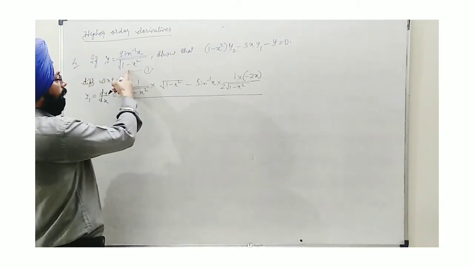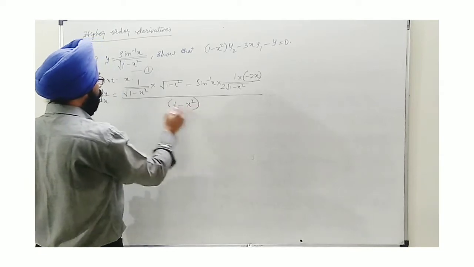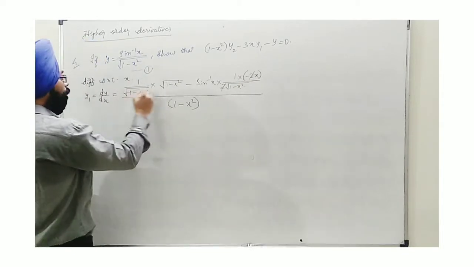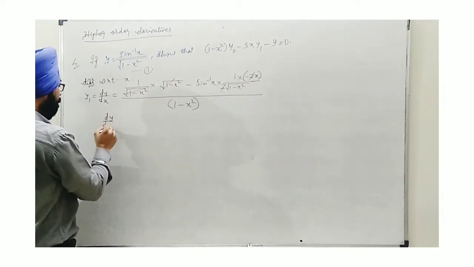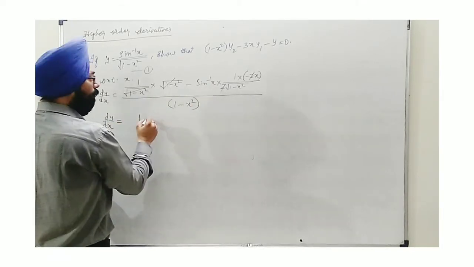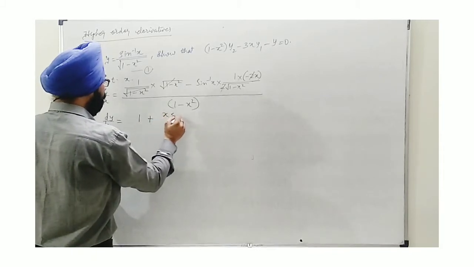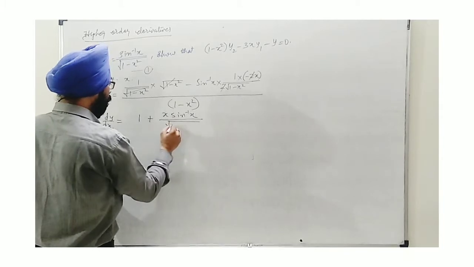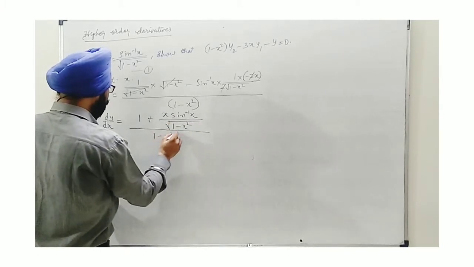Of the denominator, we have to make the square. So this will come 1 minus x square as square root is given. Here cancellation of 2 and 2, and these two also cancel out. So we are left with dy by dx equal to, this becomes 1 plus x sin inverse x upon root 1 minus x square, upon 1 minus x square here.